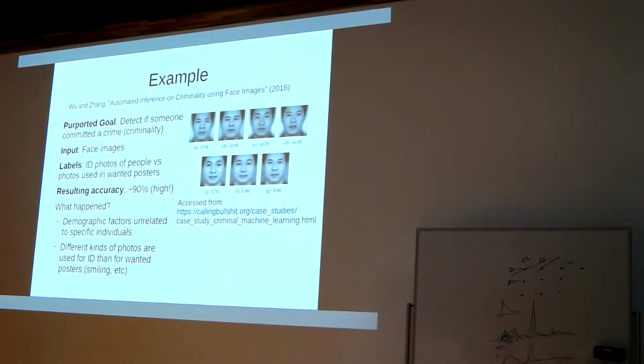When they post a wanted poster, they're not going to pick a picture of someone who's smiling and happy. Similarly, if these people are people who had just come from prison or were otherwise in prison, that's going to have an impact, it's going to have demographic impacts, right? They might not be in as good of a position, they might have other things going on in their life, et cetera.